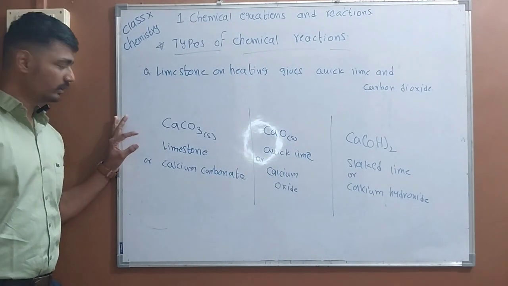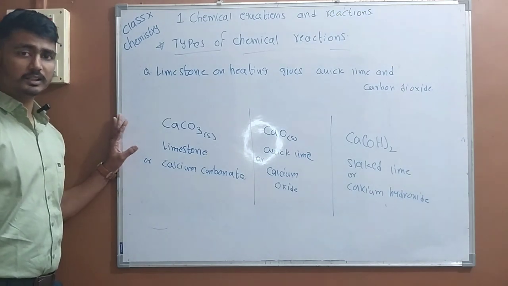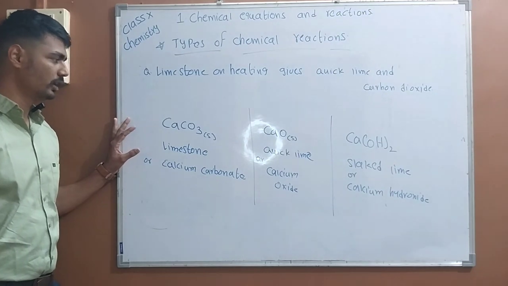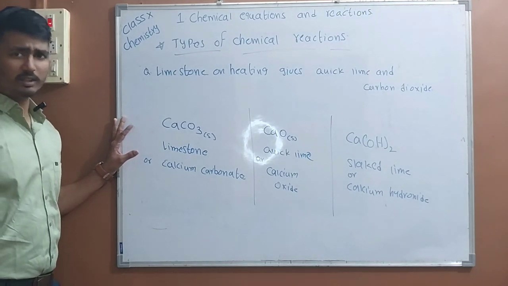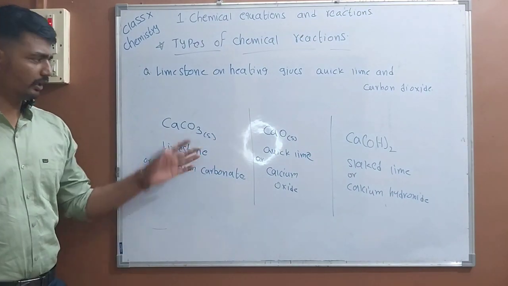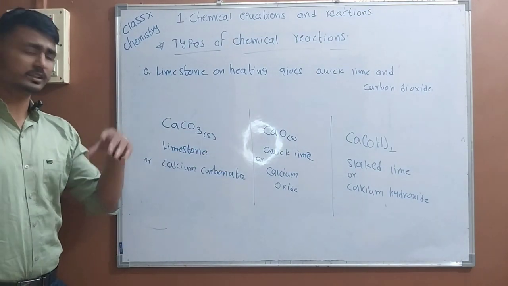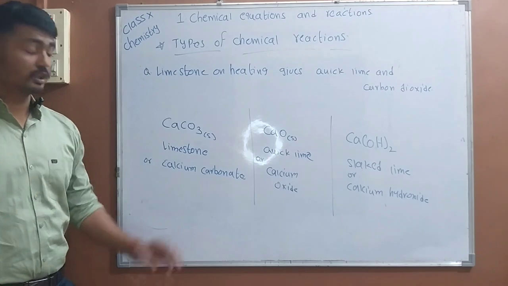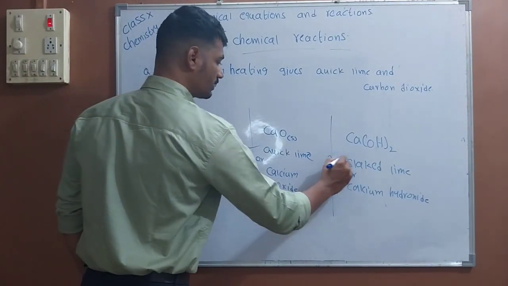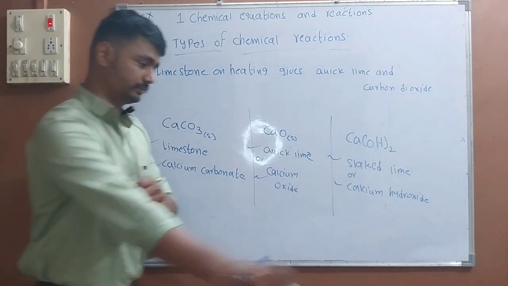So these are the three things we are going to understand about calcium, carbon and oxygen, and hydrogen is also present. There are many reactions involving these compounds, and interchanging of these compounds.